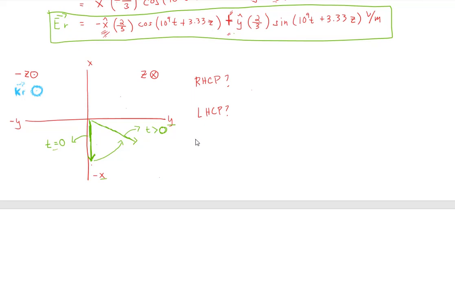I'll pick left. Alright, and then I'm gonna try it out, see if it fits this transition going that way. Okay, so with my left hand, I would stick my finger out of the page because that's where k's of R is going, and then I would line down my fingers along the negative x direction because that's where initially it starts.